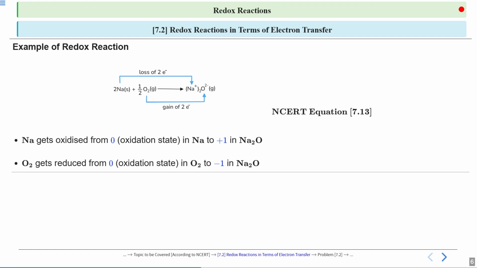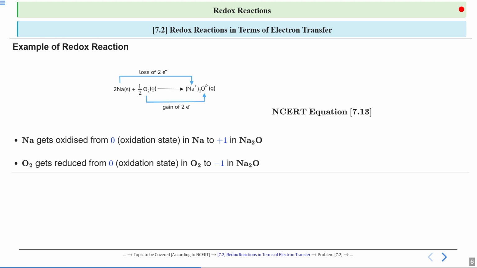So in this particular product, which is Na2O, with two sodium atoms, the total positive charge is plus 2. So the single oxygen atom must have a minus 2 charge to balance it out and make the compound neutral.